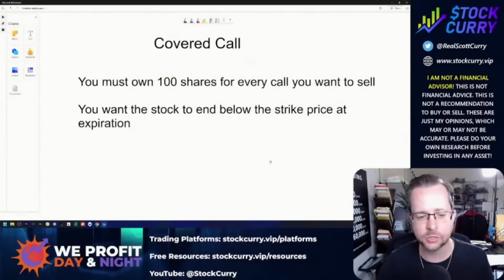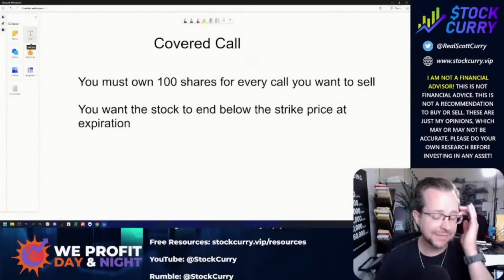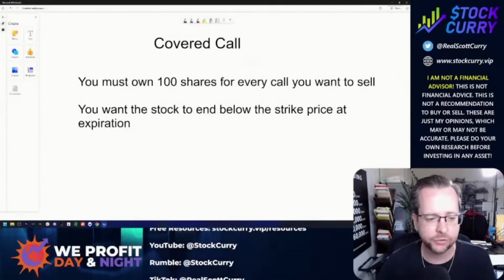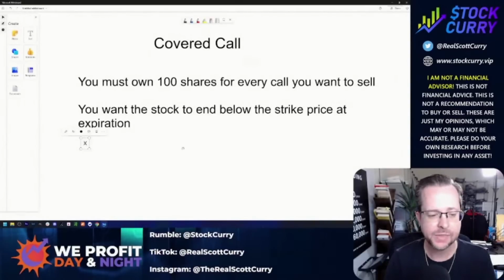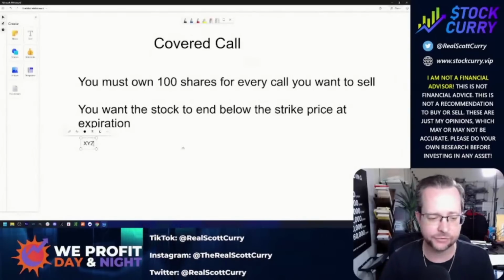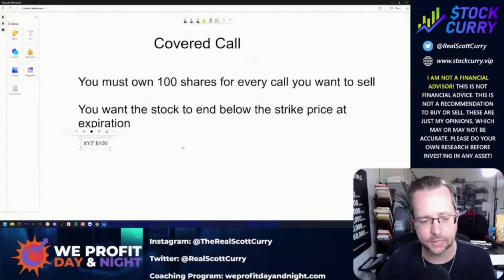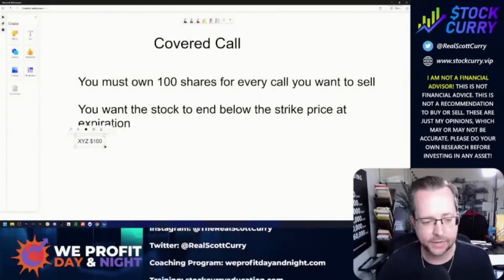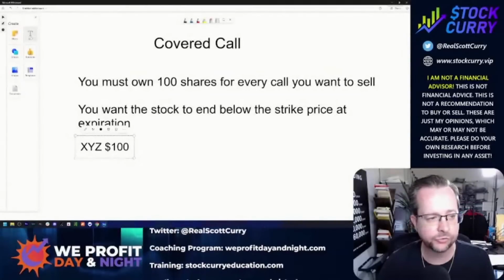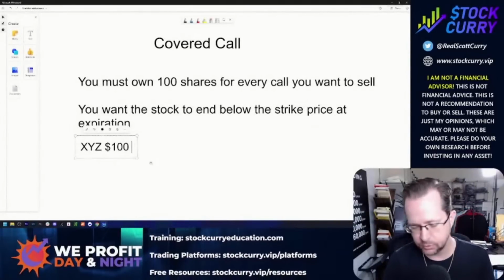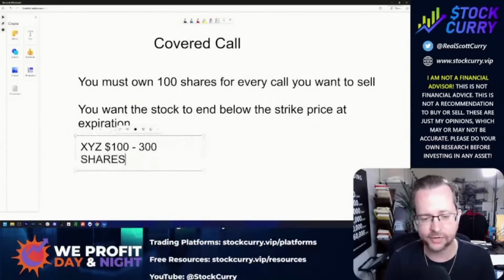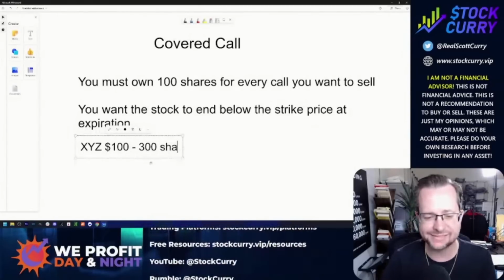That's your goal. So let's say we'll call it XYZ stock, and XYZ stock is currently trading at $100, and let's say you own 300 shares of XYZ stock.